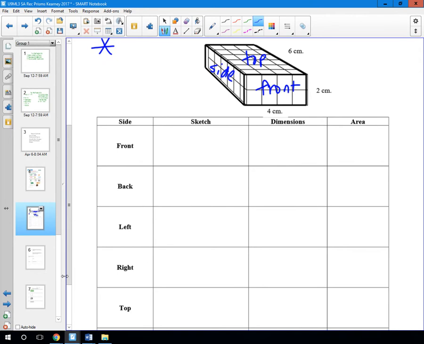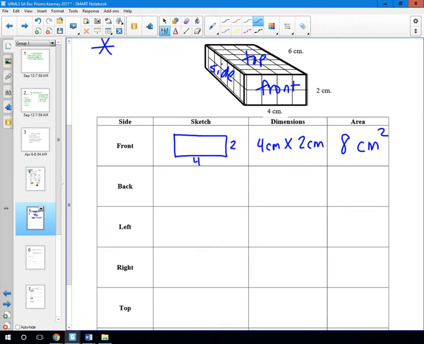So if I look at the front and I just sketch the front, I see that the front is a 4x2 rectangle. And so if I wanted to write the dimensions, that would be 4 centimeters by 2 centimeters. So the area of that would be 4 times 2 is 8 square centimeters. And remember, area is measured in square units.